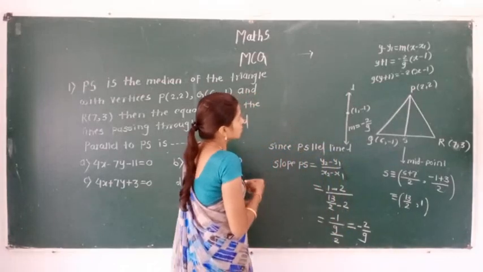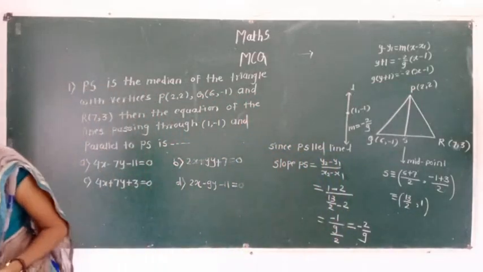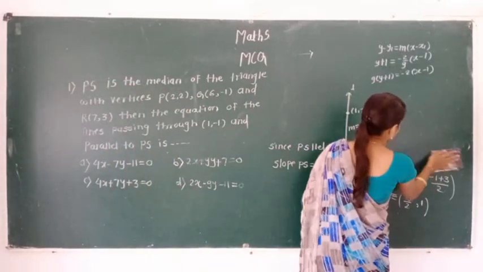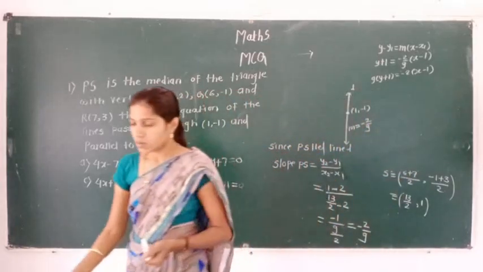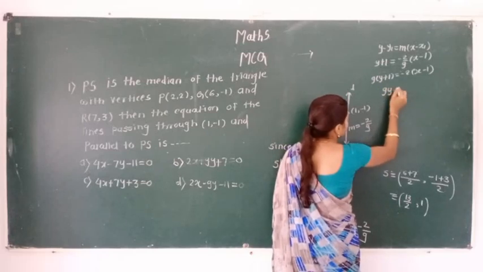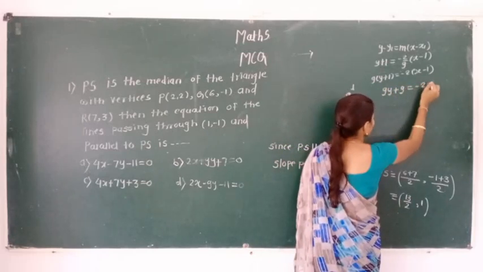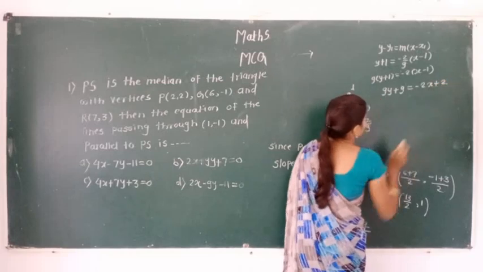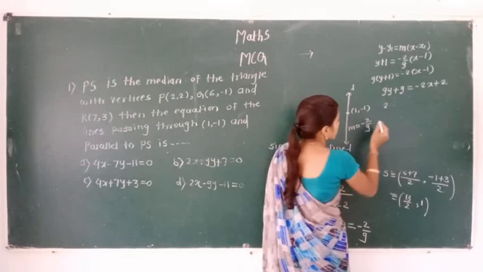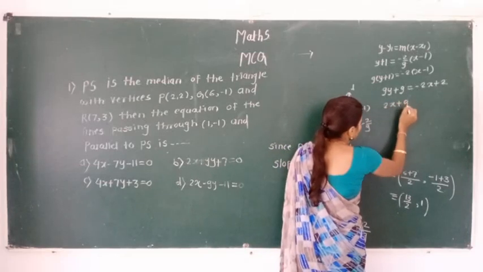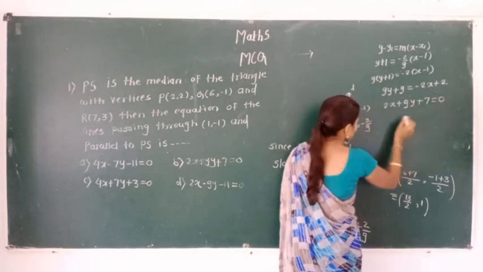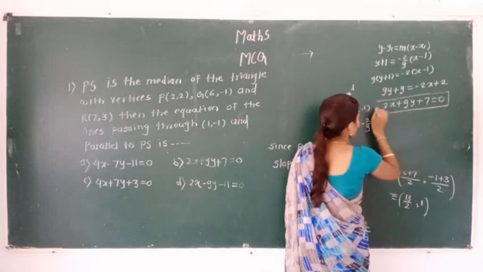Take the product: 9y plus 9 is equal to minus 2x plus 2. Okay, now simplify this. Transfer all terms to the right hand side. We can write 2x plus 9y plus 9 minus 2, that is plus 7, is equal to 0. It is the equation of the required line.